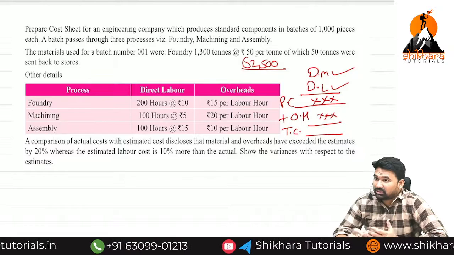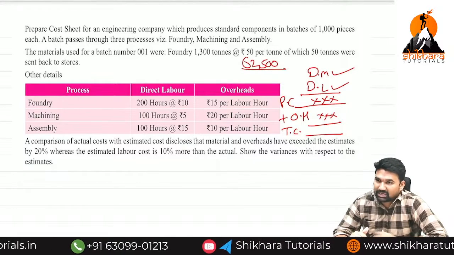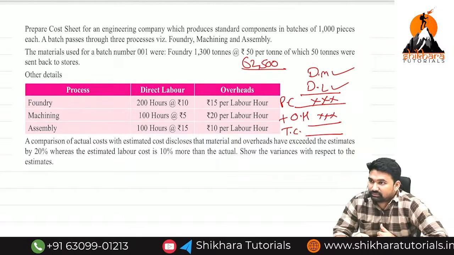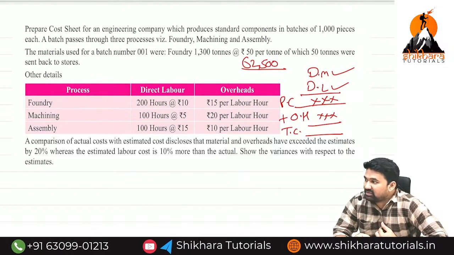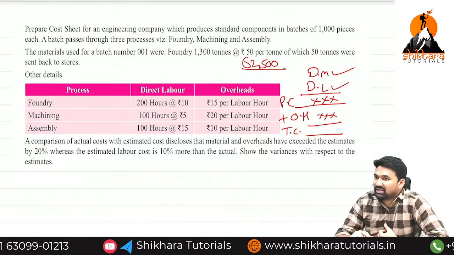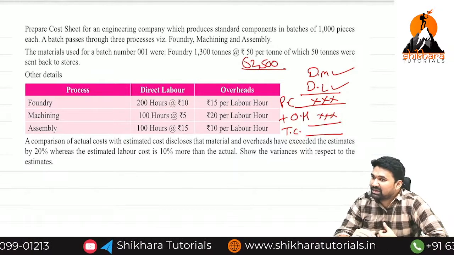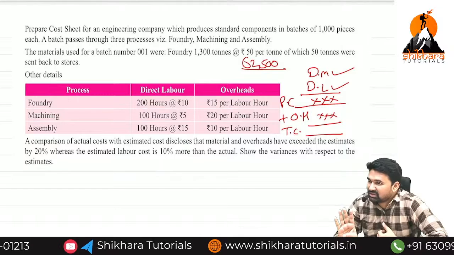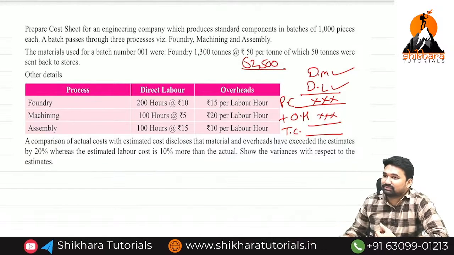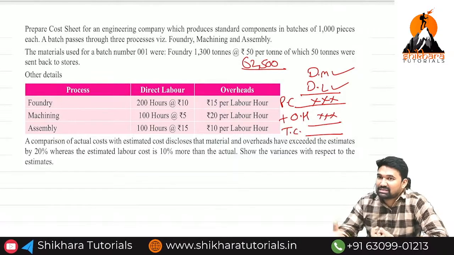How much? 400 rupees. That means it is a favorable situation. How much did you plan? 500, but you have completed the journey within 400. That means 100 rupees saved.